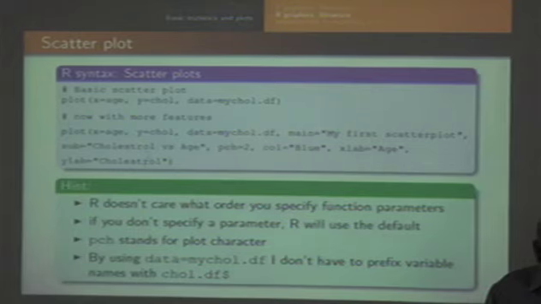Just note, in this case, only for scatter plots, that PCH stands for plot character, so circle, triangle, star, and so on. And by using data equals mychol.df, I don't have to prefix every variable with chol.df. Just makes life a little bit easier.